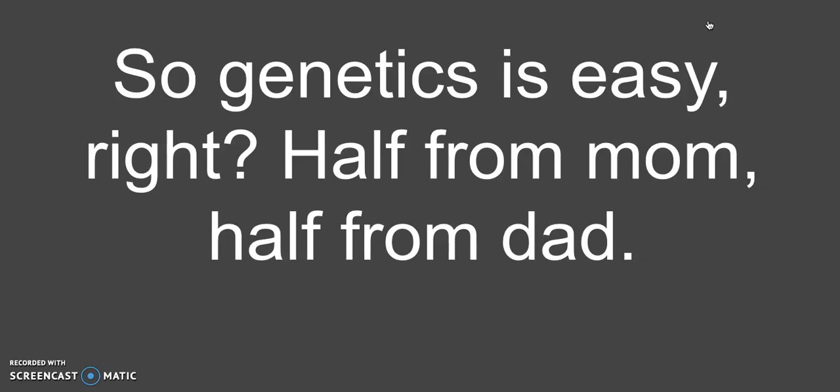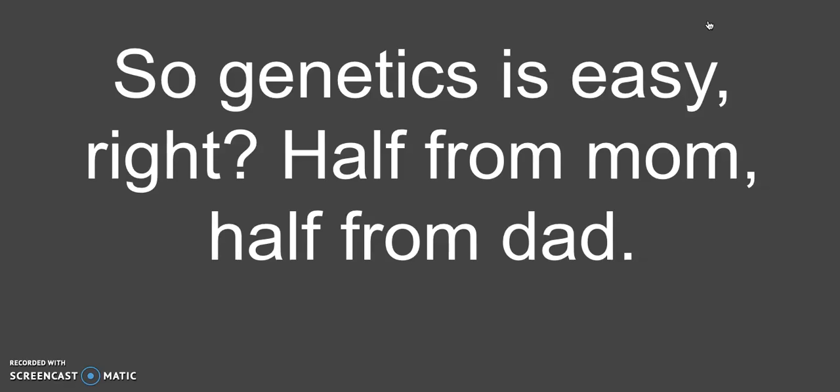So you have two copies of every single allele. And how does genetics in your body determine how that set of genes is expressed? So there are two of them. Which one dominates? Which one is expressed and shown?